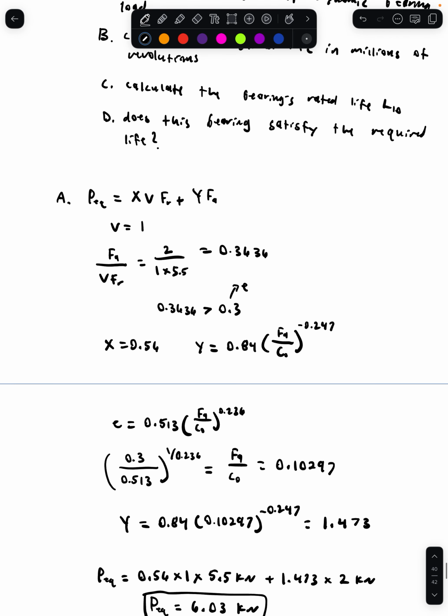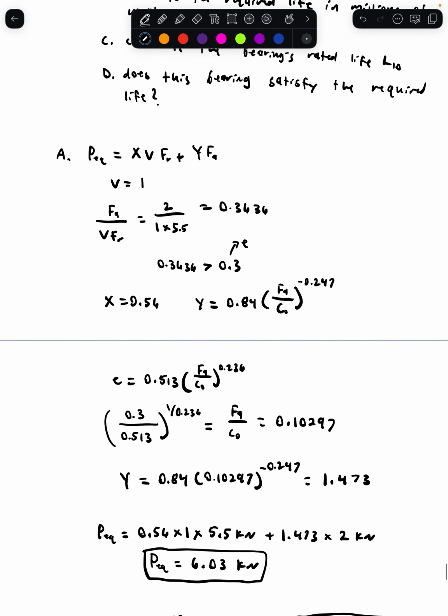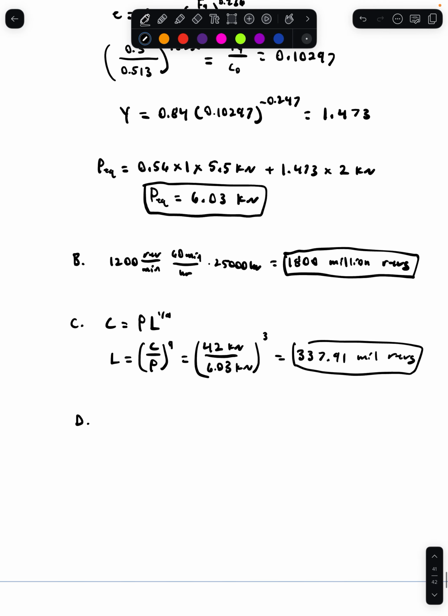Okay, so then part D, does this bearing satisfy the required life? So our required life is that it needs to last 1,800 million revolutions, but our rated life is only 337.91 million revolutions.